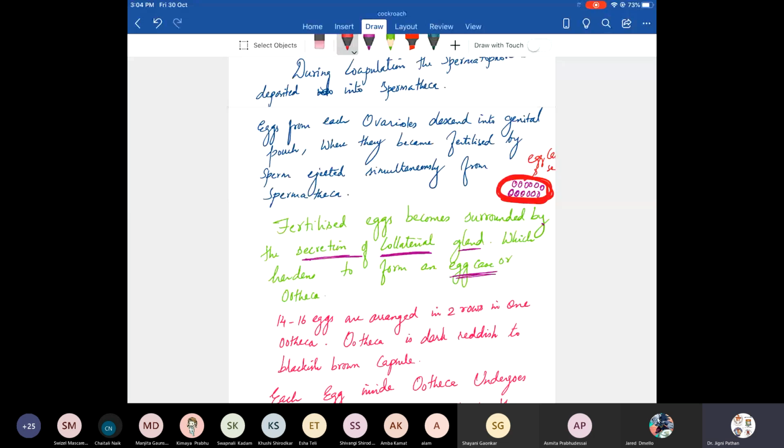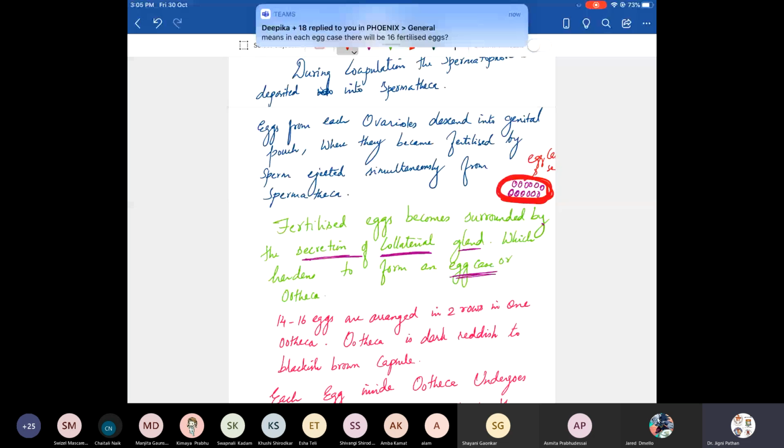How is the egg case formed? With the help of secretions of collaterial glands. In each egg case, there will be 16 eggs.